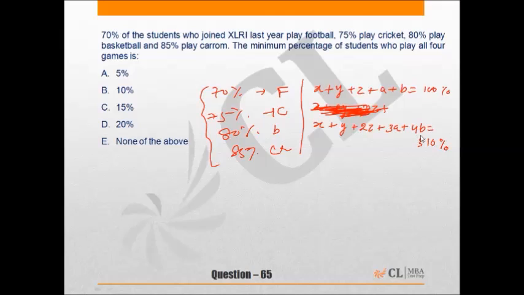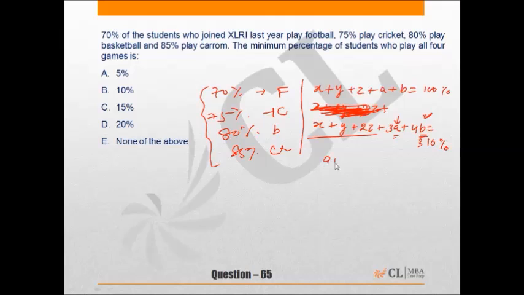As we want to minimize the number of players who play exactly 4 games, that means we have to minimize the value of b, and in order to minimize the value of b, we have to maximize the value of a. And if a is to be maximized, then the rest of the quantities, that is x, y and z, have to be 0.